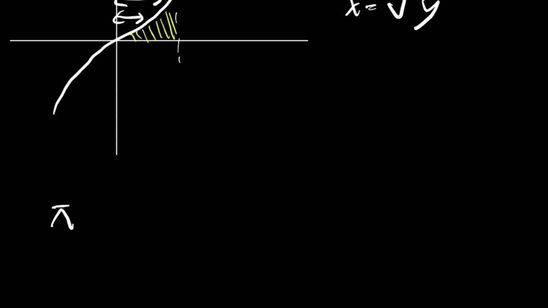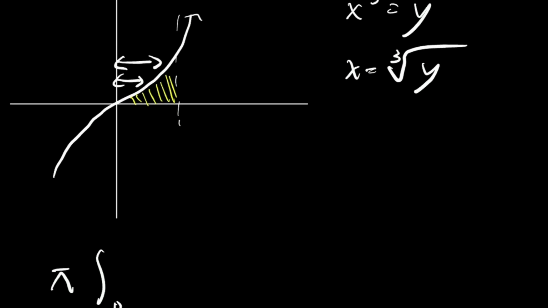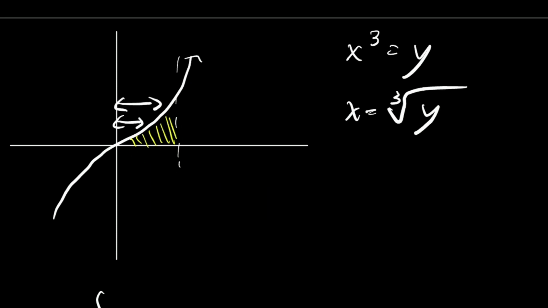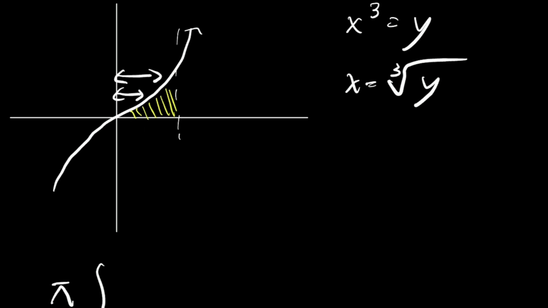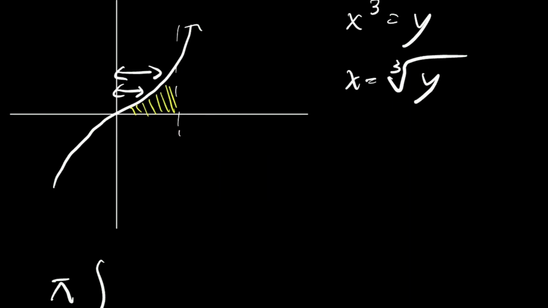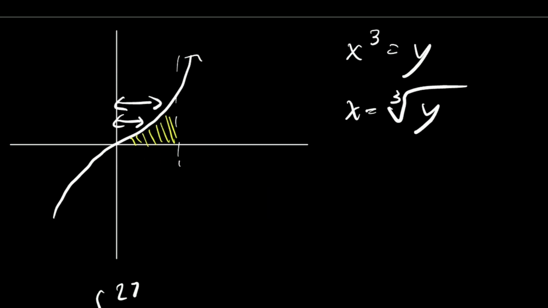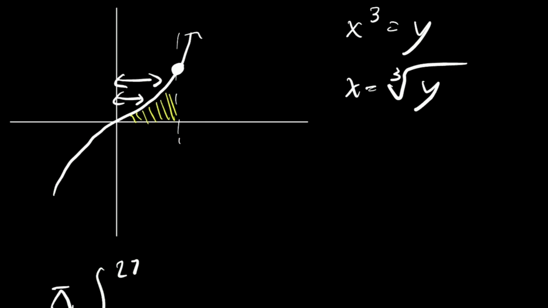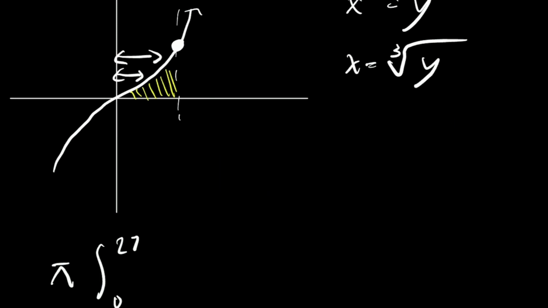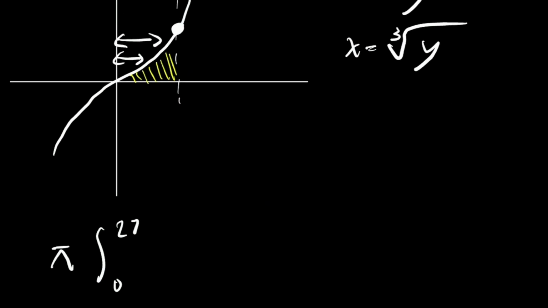So we have pi times the integral from 0 to, ooh, this is really ugly. So we need to plug in 3. I guess it's not that bad. It's from 0 to 27 because where this intersects the line is y equals 27. And we're integrating in terms of y.